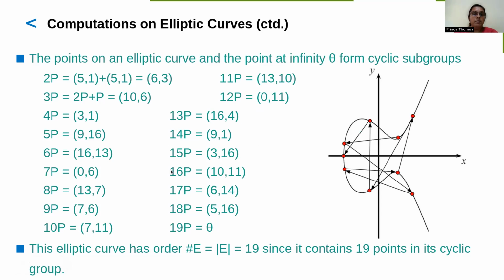So 20P will be equal to 2P, 21P will be 3P, 22P will be 4P, etc. These points are the points on the elliptic curve. Since there are 19 points, including the imaginary infinity point, the cardinality of this elliptic curve is 19. It is denoted as hash E, or cardinality.